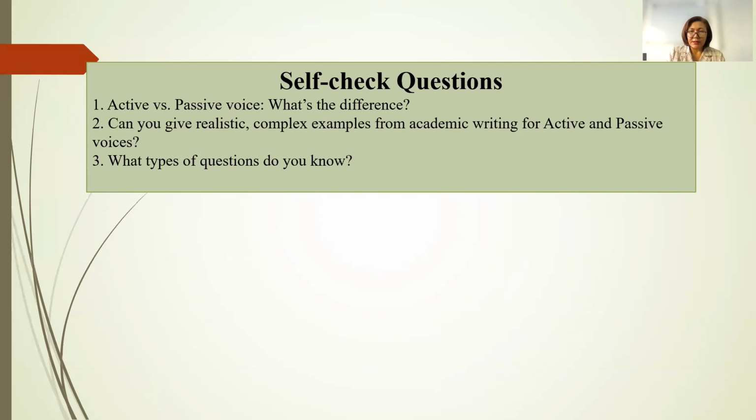Try to answer these 3 questions. What is active voice? What is passive voice? What is the difference between them? And can you give realistic, complex examples from academic writing for active and passive voices? And what types of questions do you know?